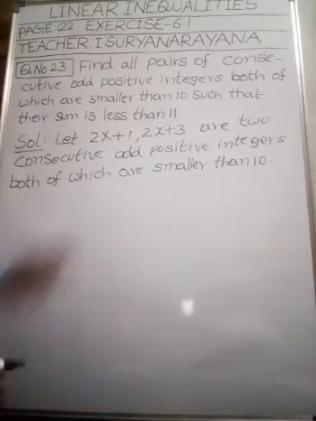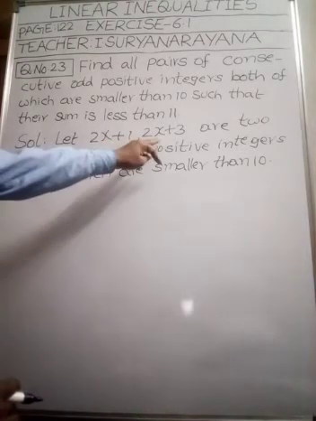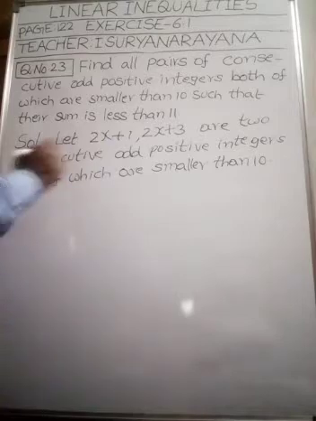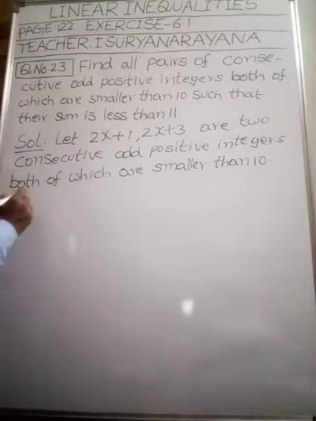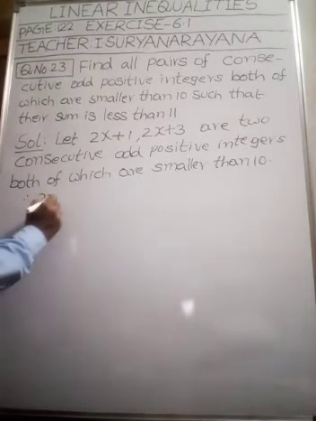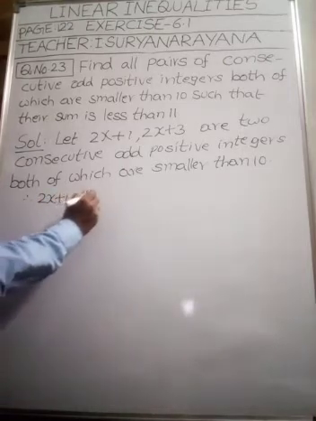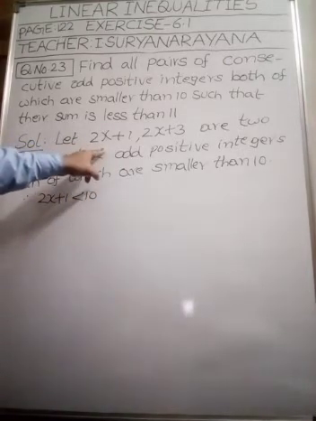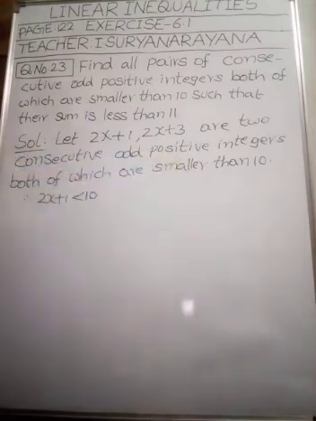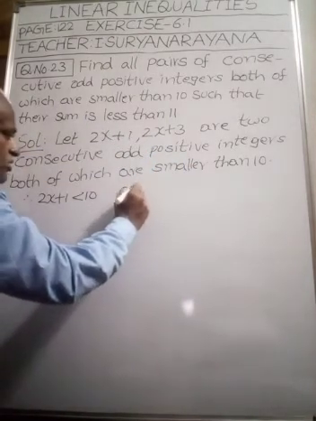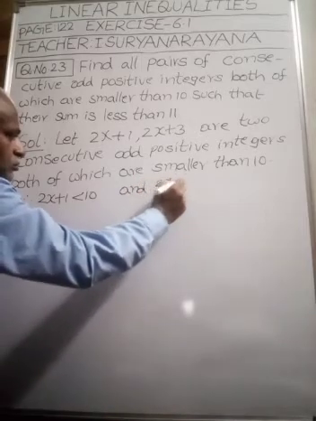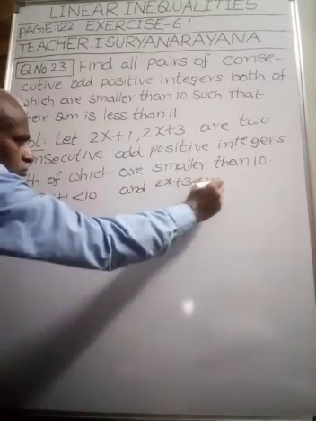So this is less than 10, this is also less than 10. So we should write the inequalities. Therefore 2x plus 1 is less than 10, and this odd positive integer 2x plus 3 is also less than 10.